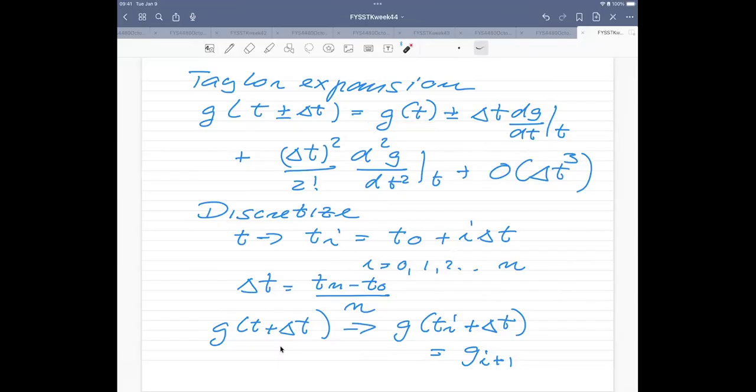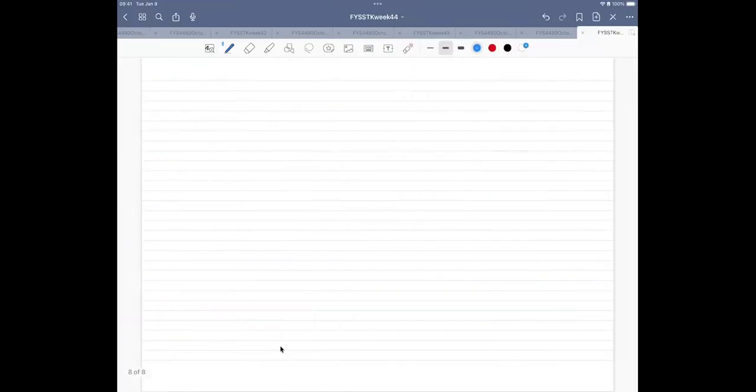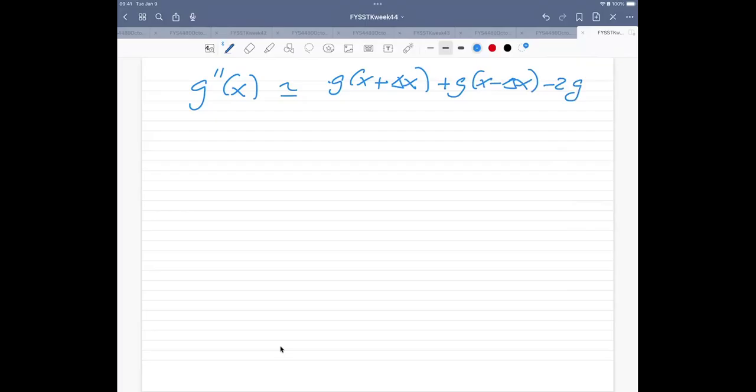And that gives, if I truncate at the order of delta t cubed, by simply taking these 2 Taylor expansions, I get the famous expression for the second derivative, which is then given by g of x plus delta x in our case, plus g of x minus delta x, minus 2 times g of x. And this is divided by delta x squared.